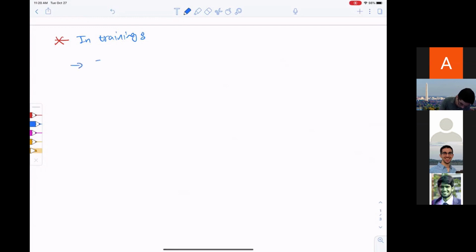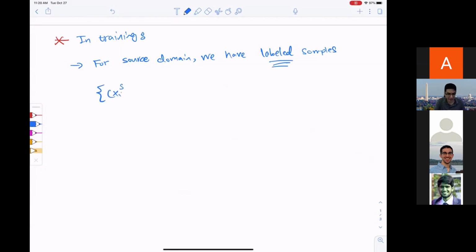So we are given x_i^s, y_i^s, where I put a script s to highlight that they're from the source distribution. How many samples do I have? Let's say I have m_s samples from my source distribution.